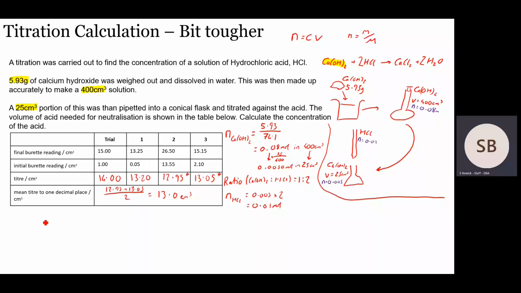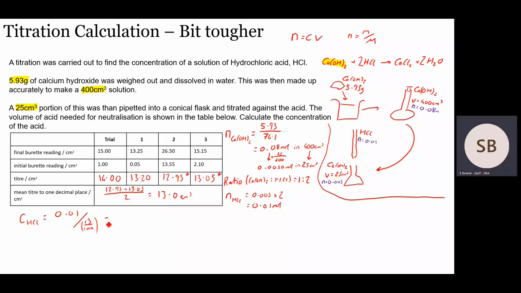So now we know the number of moles of hydrochloric acid, and this table has told us the volume of hydrochloric acid. So the concentration of the HCl is going to be the number of moles, 0.01, divided by 13 divided by 1,000.